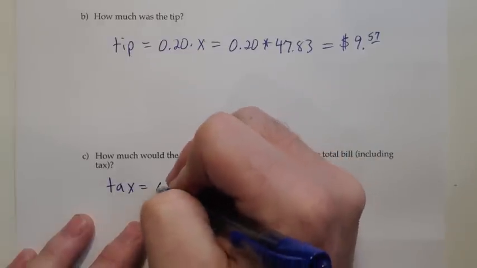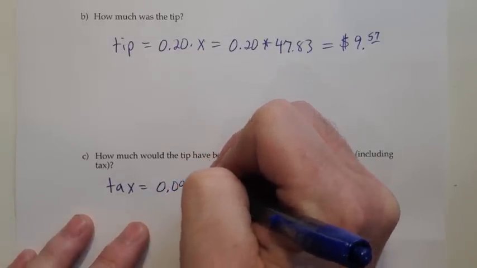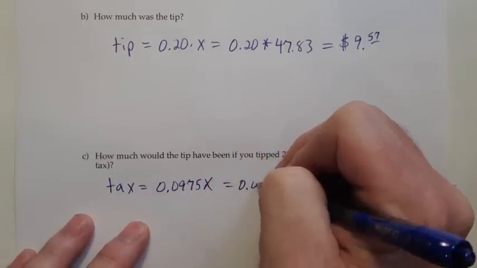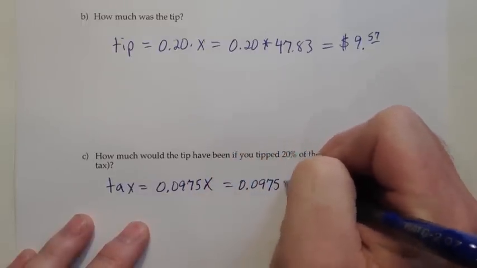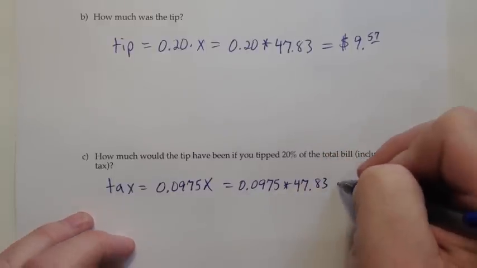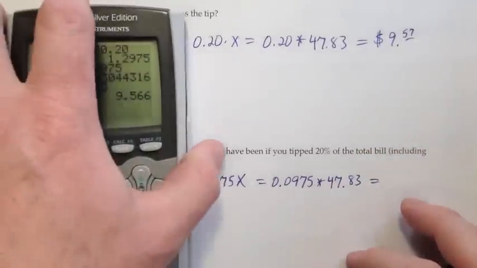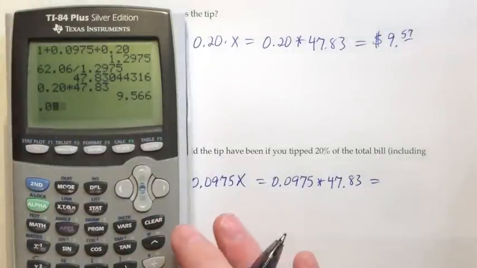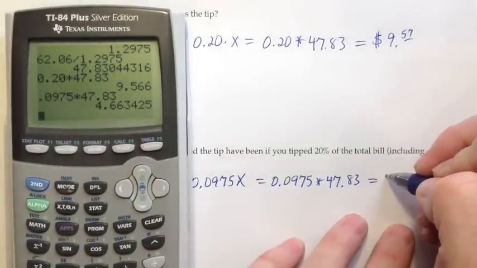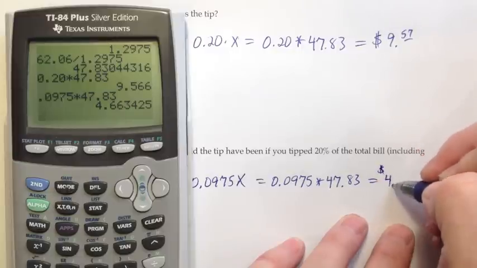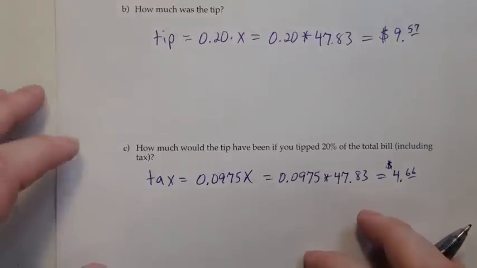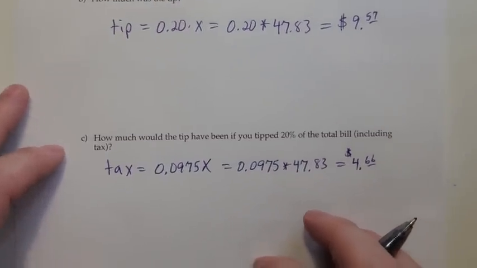So to figure out the tax, I do 0.0975 times x. And we know from up above that the value of x was $47.83. And let's see what that is on the calculator. So 0.0975 times the $47.83. And rounding it to the nearest penny would be $4.66 in tax. So then what was the actual bill that we saw when we went to pay?